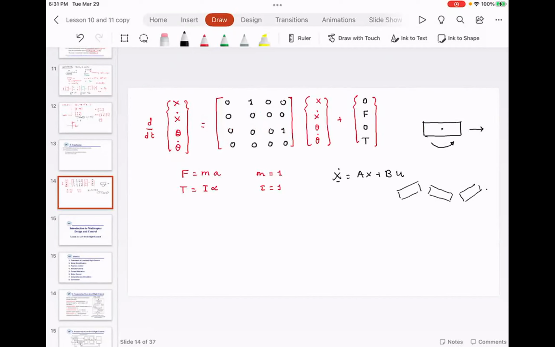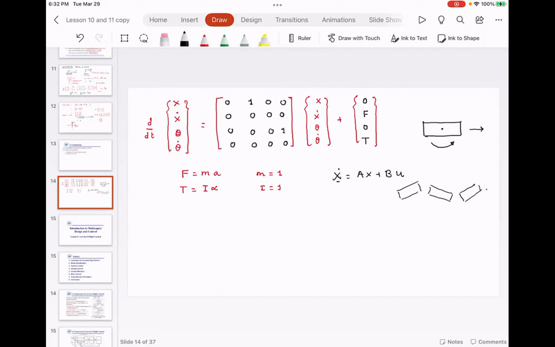There is something else going on here that I haven't explained completely. Now, x dot is equal to Ax plus Bu. Let me repeat. A is a matrix, x is a vector, B is a vector, and u is a function.